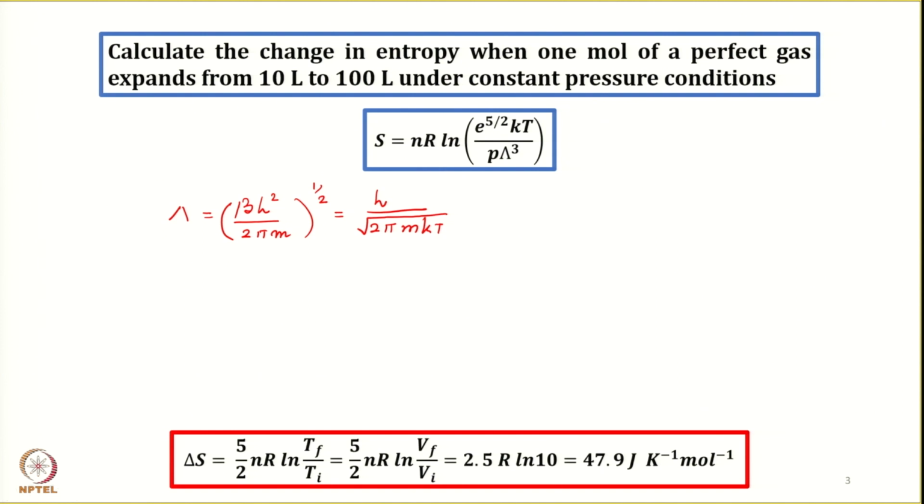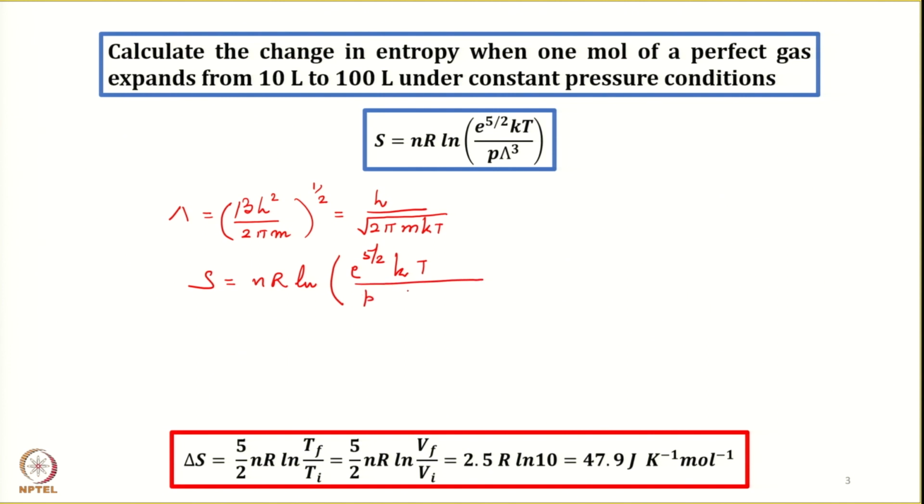Therefore, when I substitute this lambda into the entropy expression, what do I get? N R log of exponential 5 by 2, kT upon P, and now I need to put lambda cube.